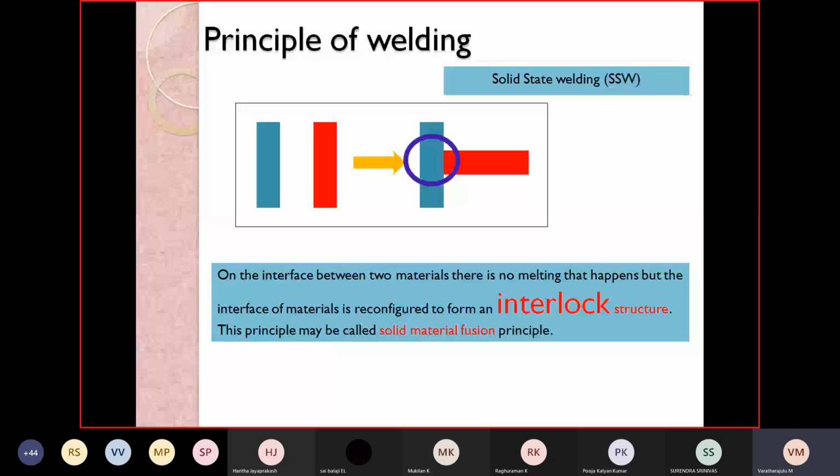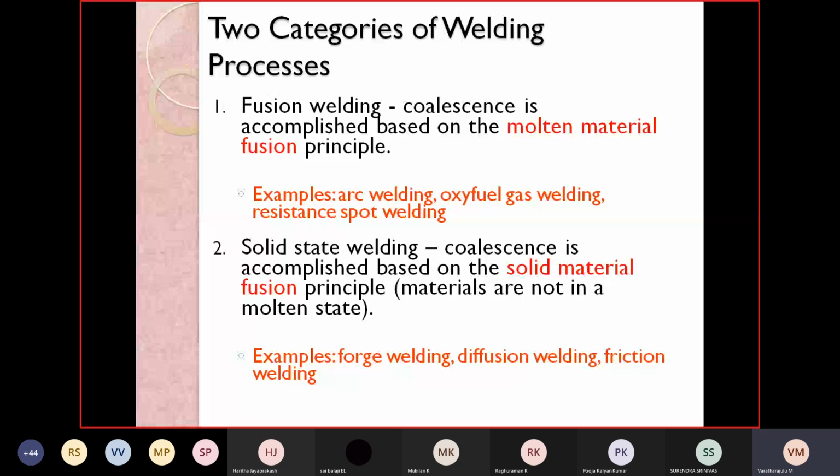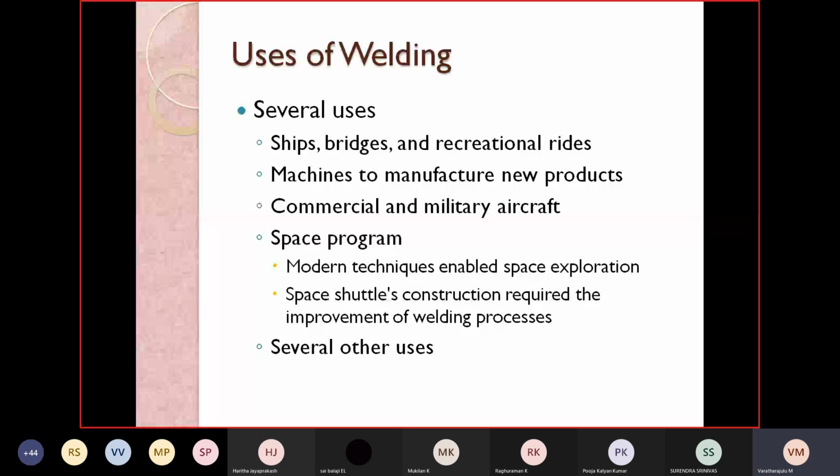Beyond fusion welding and solid state welding, there are plenty of applications of welding we may come across: ships, bridges, and roofing, either household roofing or factory roofing, where the trusses are made of mild steel joined with the aid of welding.